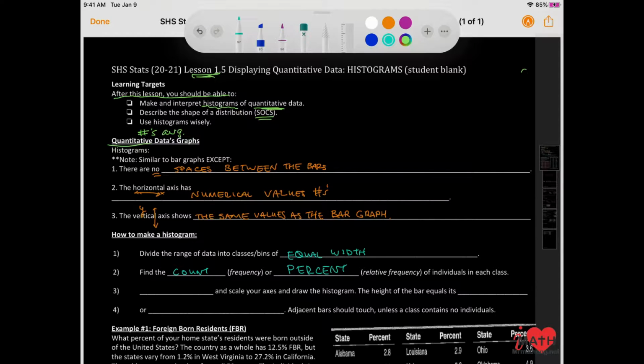So that should be a review of individuals in each class. We need to label and scale your axes and draw the histogram. The height of the bar equals its frequency, or relative frequency.